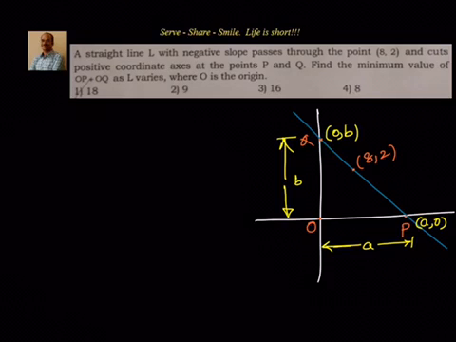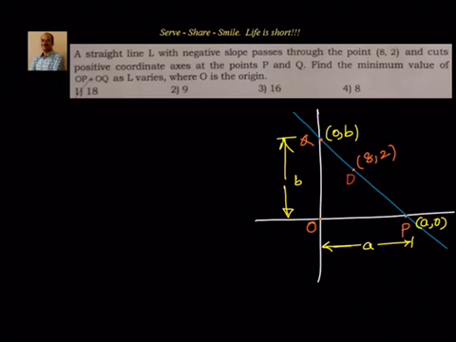Now we understood that OP is the x-intercept, equal to A, and OQ is the y-intercept, which we have taken as B. Now let us say this particular point, which we haven't given any name, is D. We know that P, Q, D, all of them are on the same straight line, so the slopes should be equal.